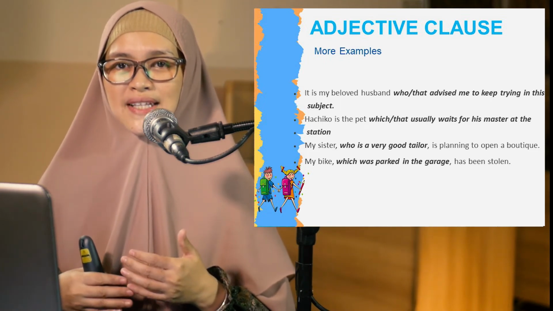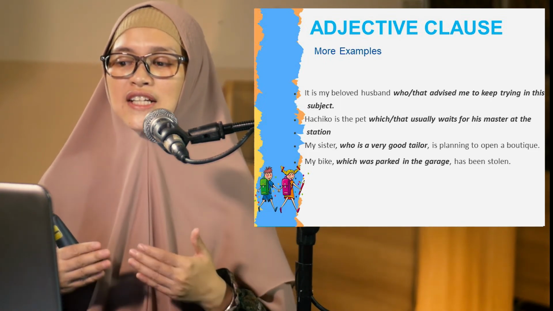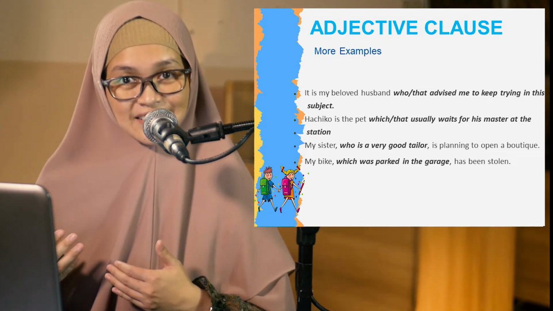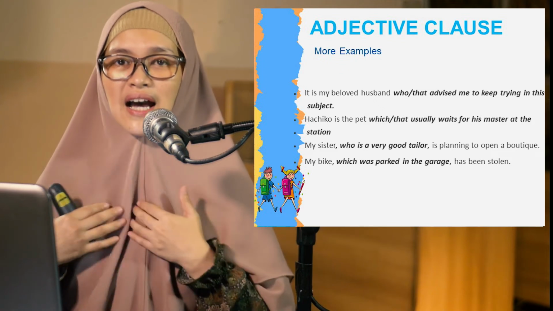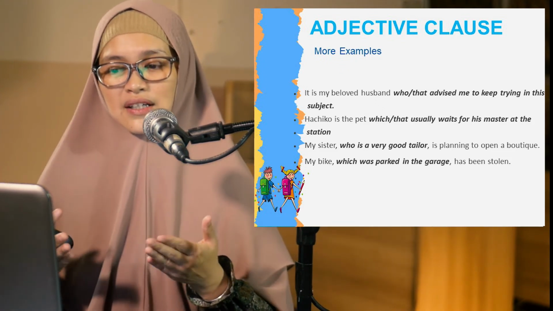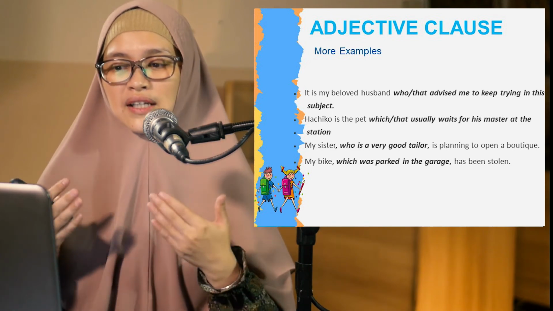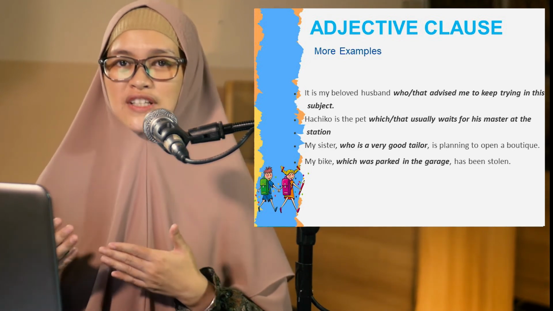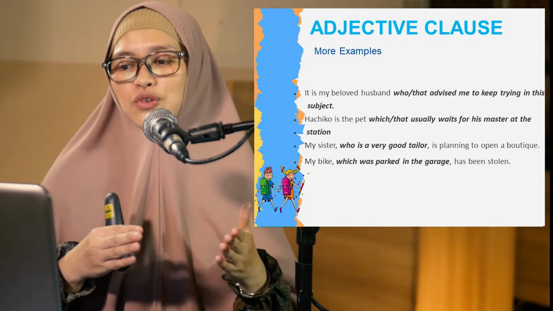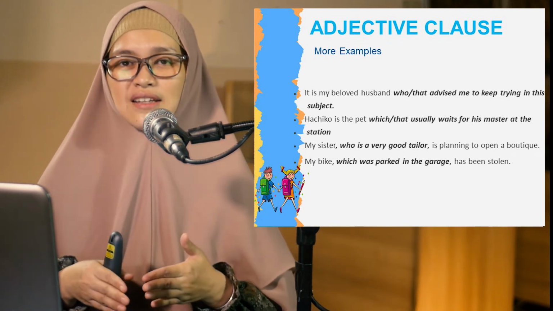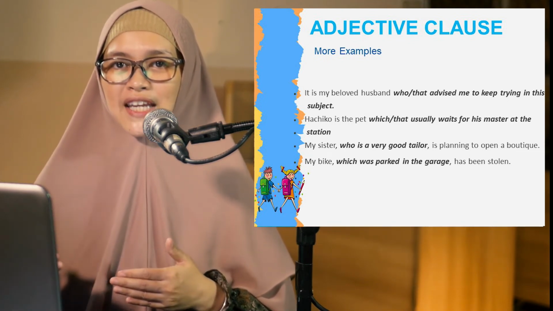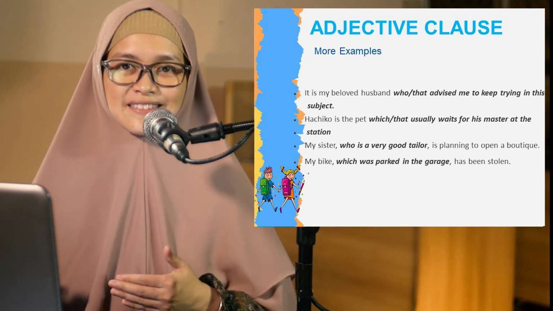Yes, we can still understand my sister is planning to open a boutique. But I give additional information: this is my sister, she is a very good tailor. What will she do? She is planning to open a boutique.